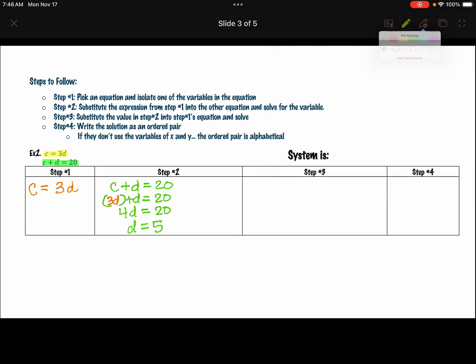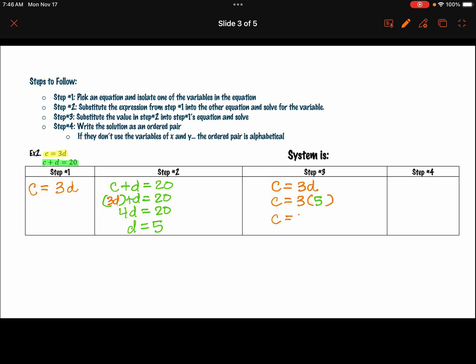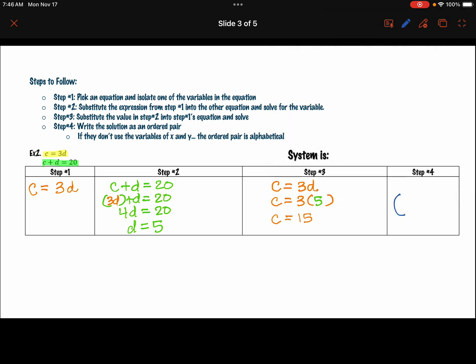Okay, so now you're going to go back to step 1. C equals 3D. C equals 3 times, and now you're going to substitute in the 5. So C equals 15. And then when you write your final answer, you write it as an ordered pair, and it's alphabetical.